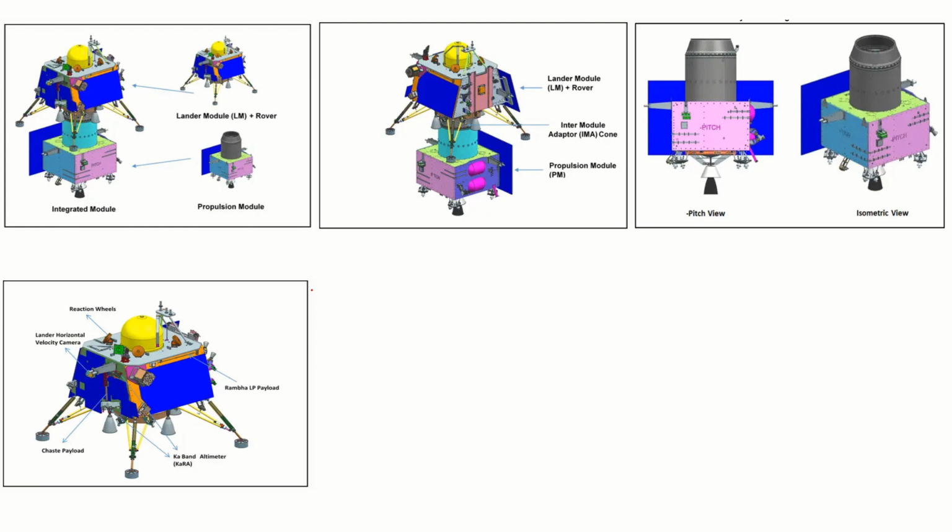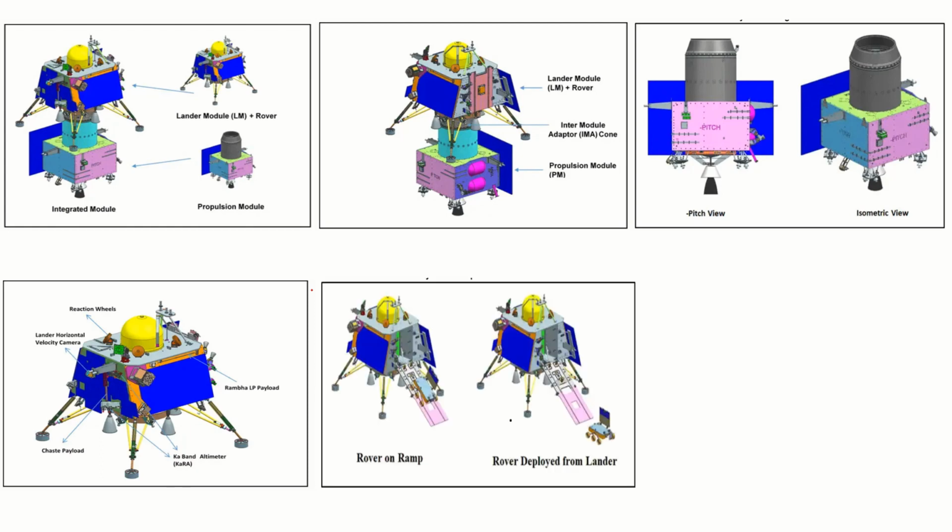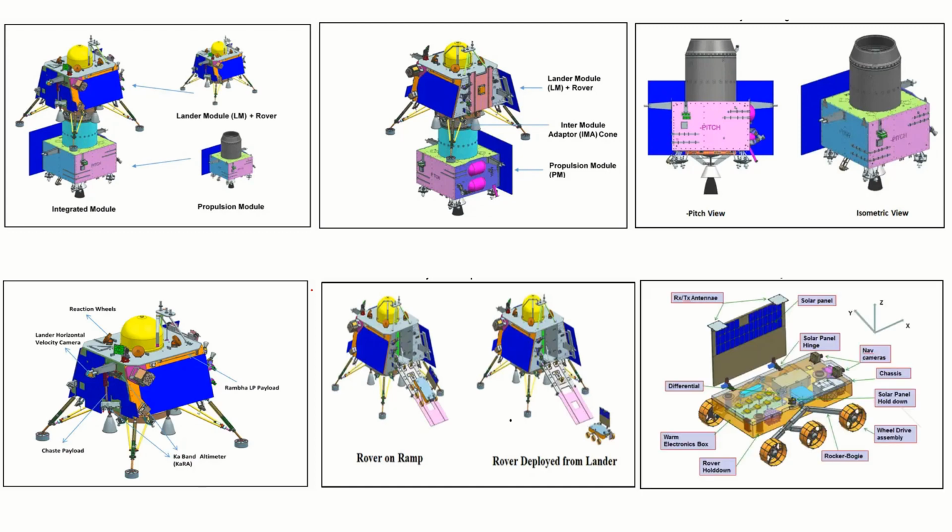When the lander lands on the moon surface, the rover will come down through the ramp. This is the rover. It has one solar panel with a proper chassis and 6 wheels with rocker bogie.